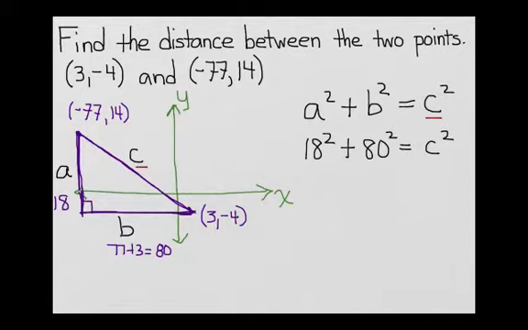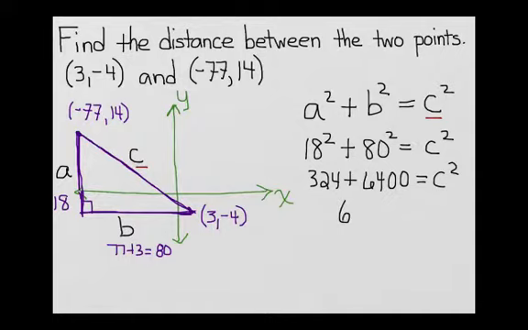And now we need to get a little bit of help from our calculator to do the rest of these operations. So using our calculator, 18 squared is equal to 324, and 80 squared is equal to 6,400, and adding those together is going to give us c squared.